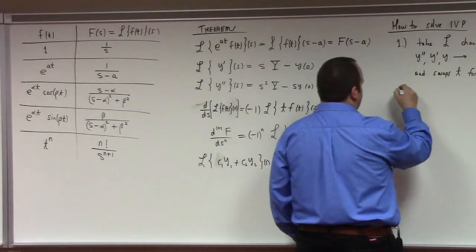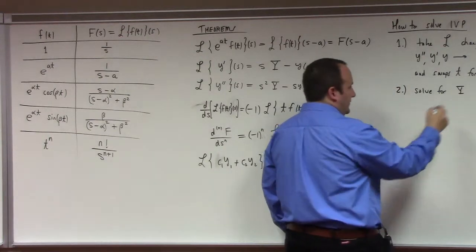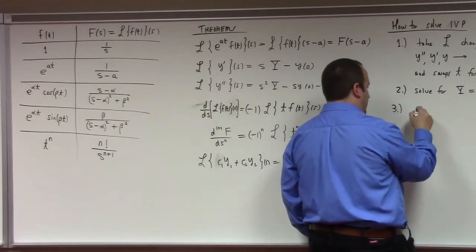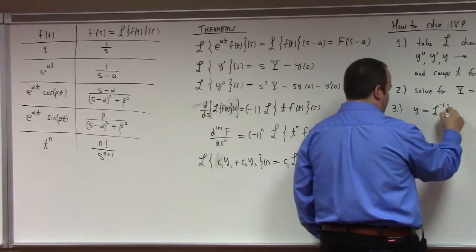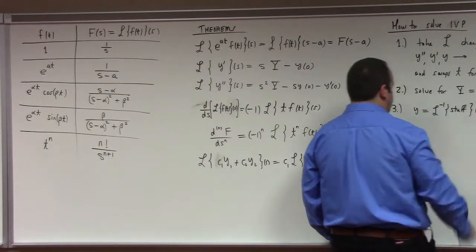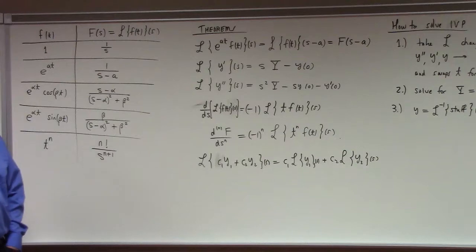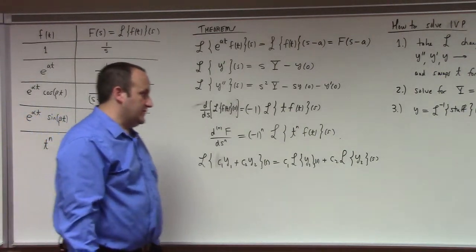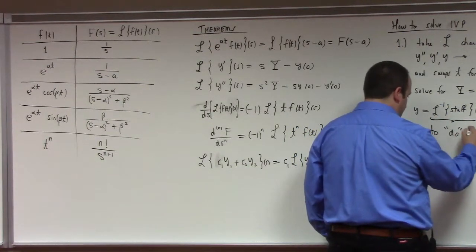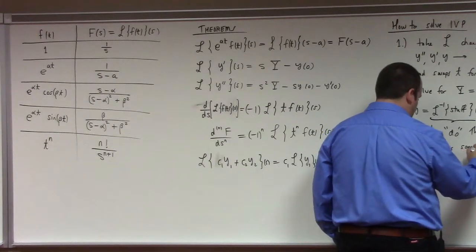Step 2 was to solve for big Y equals stuff. And then step 3 was to say little y is equal to the inverse Laplace transform of stuff, right? But to actually carry out step 3, we need the technique of partial fractions and a few other tools. All right? To do this requires some algebra.